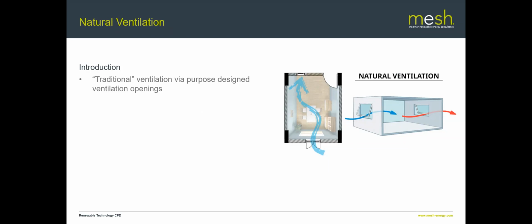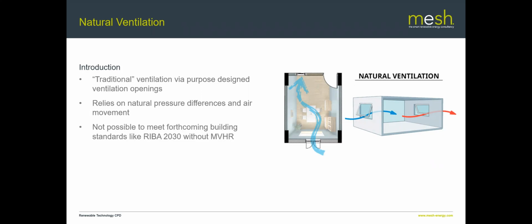You still build the house as quite airtight, but by having those openings, you allow ventilation in the areas that it needs to be. And then, thanks to the natural pressure differences between the inside and outside air, thanks to things like wind, you'll get a movement of air through the property, which should give you the required ventilation rates in each room.